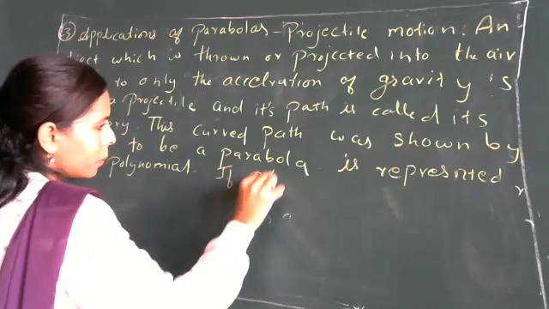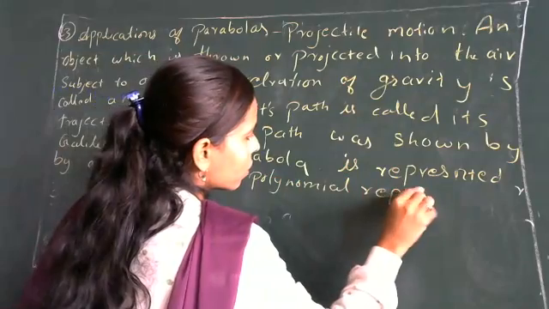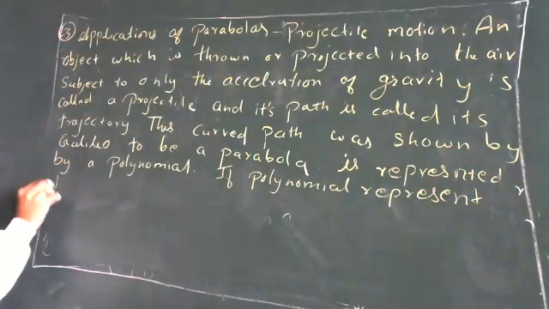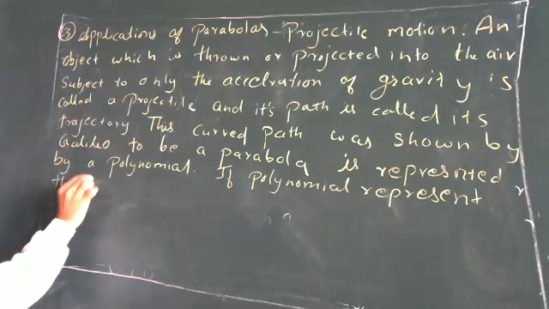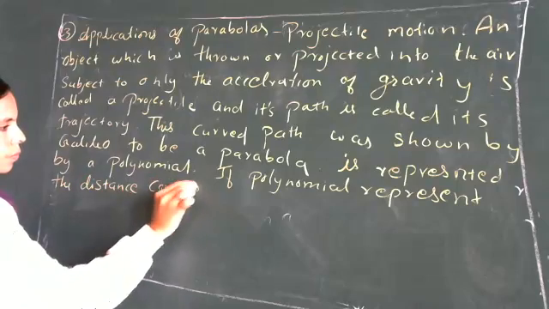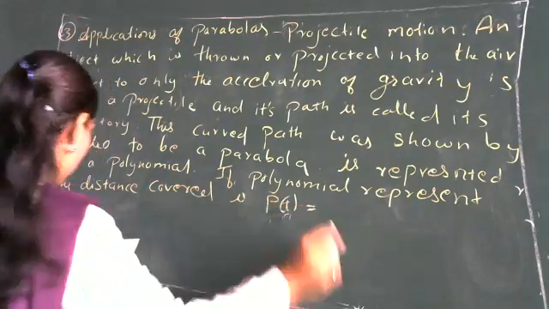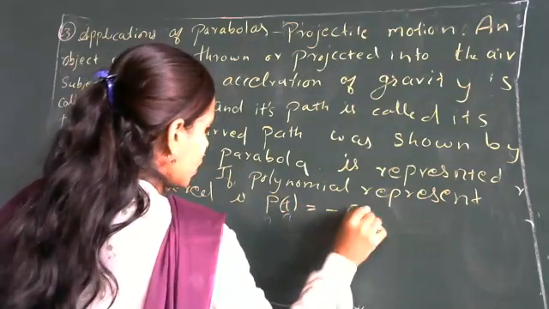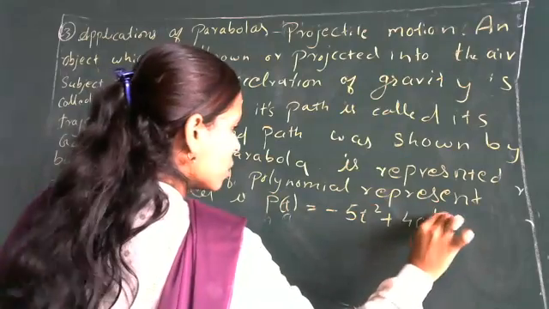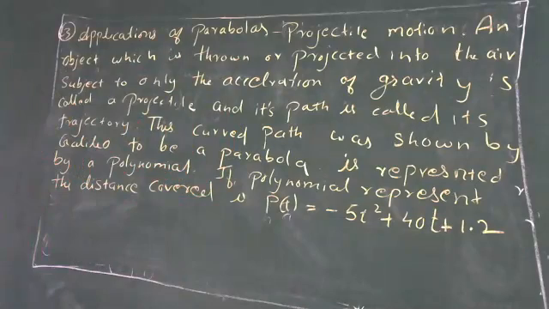The polynomial represents the distance covered as p of t equals minus 5t squared plus 40t plus 1.2.